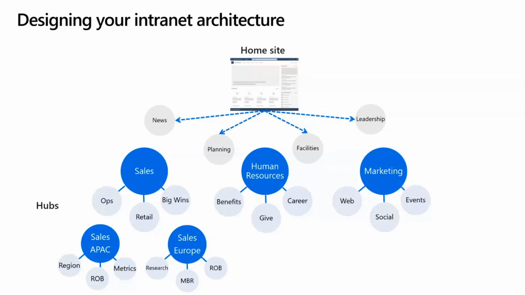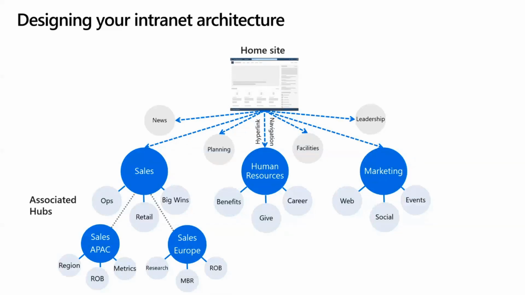So if you can start thinking about your journey, we talked about in previous sessions, I'm sure you've heard about the home site, and now we've just talked about hubs and the improvements we're doing for hubs. But we definitely understand there's a need for hubs to be related to each other. So I'm excited to talk about that. We are giving you that capability with what we call associated hubs.